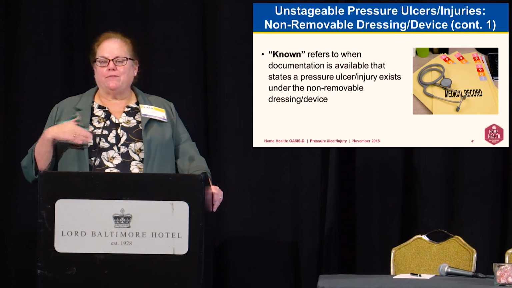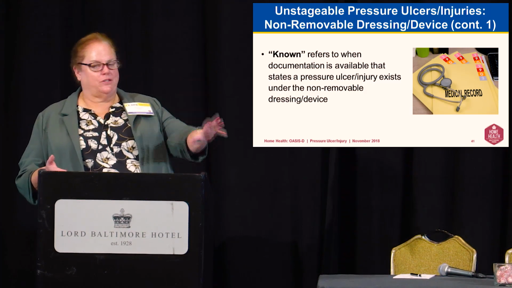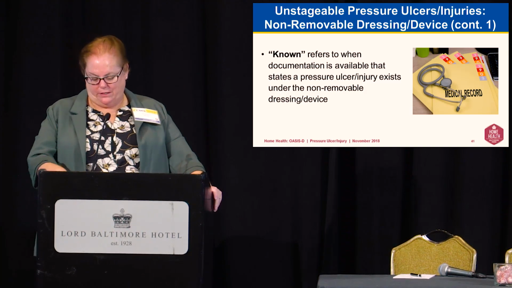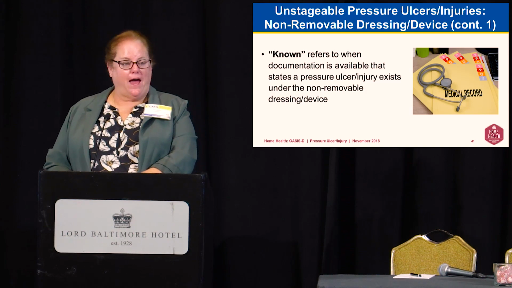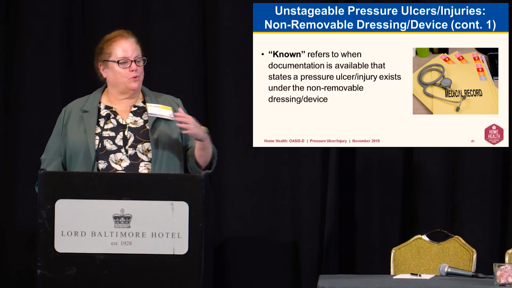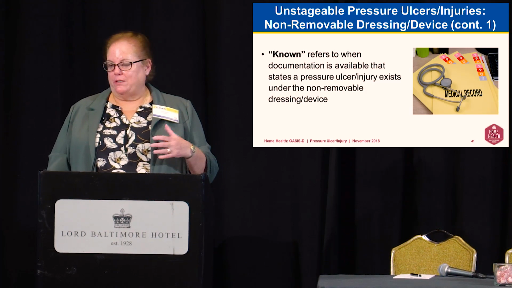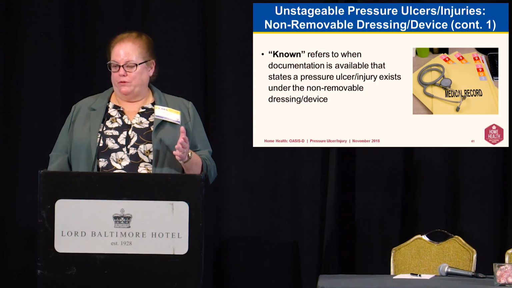So we would need to have this information transferred to us that said there is this ulcer or injury underneath this device. Otherwise, if they just have a cast or some sort of a splint that we can't remove, we wouldn't code this as a pressure ulcer with a non-removable dressing or device. Does that make sense to people?